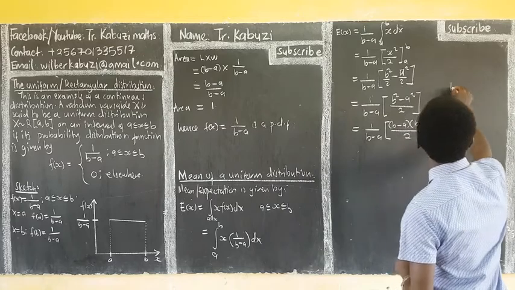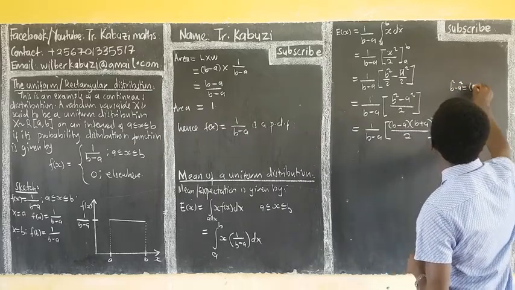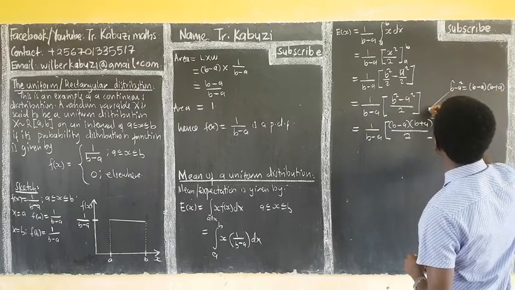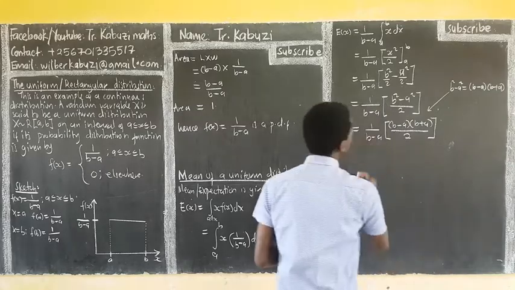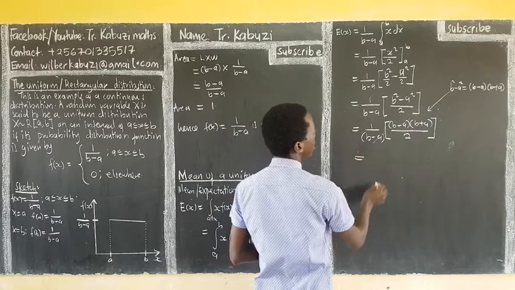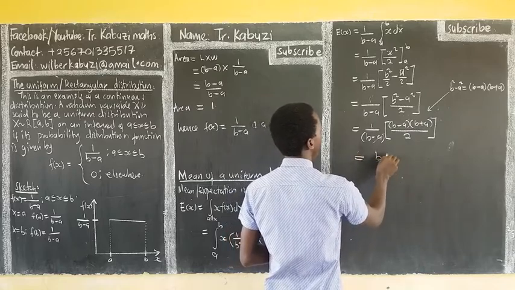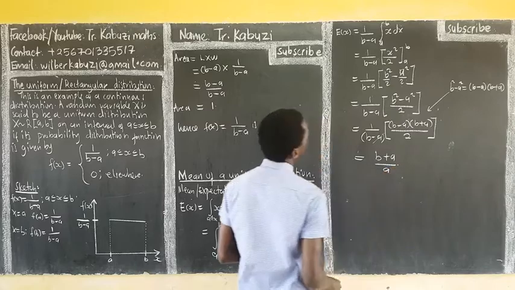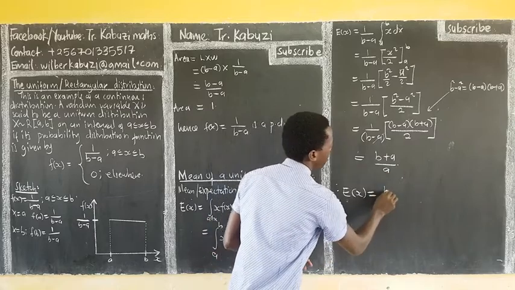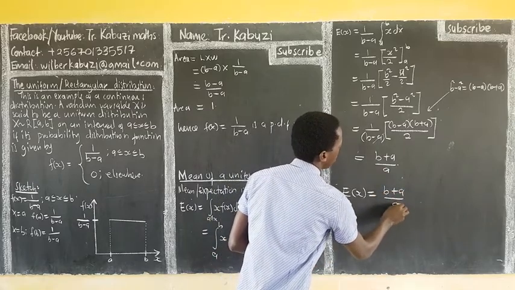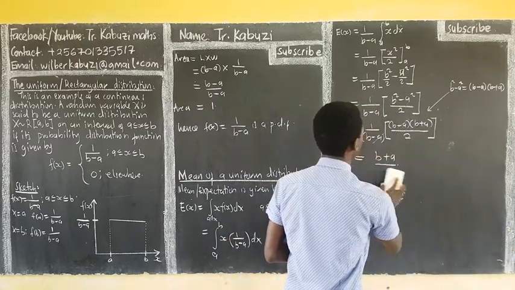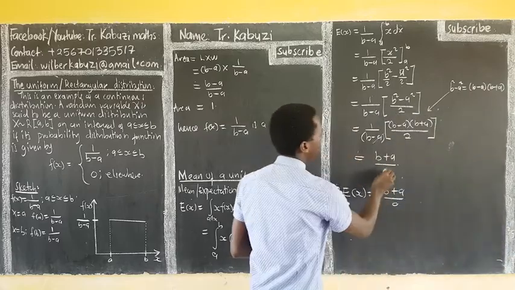Now the b minus a cancels, remaining with b plus a all over 2. Therefore, the expectation of a rectangular distribution is b plus a, the whole over 2.